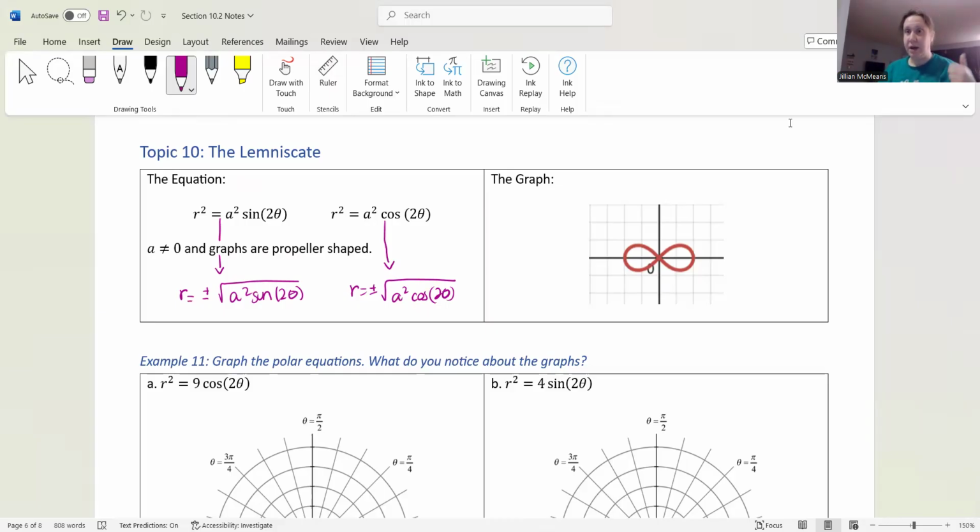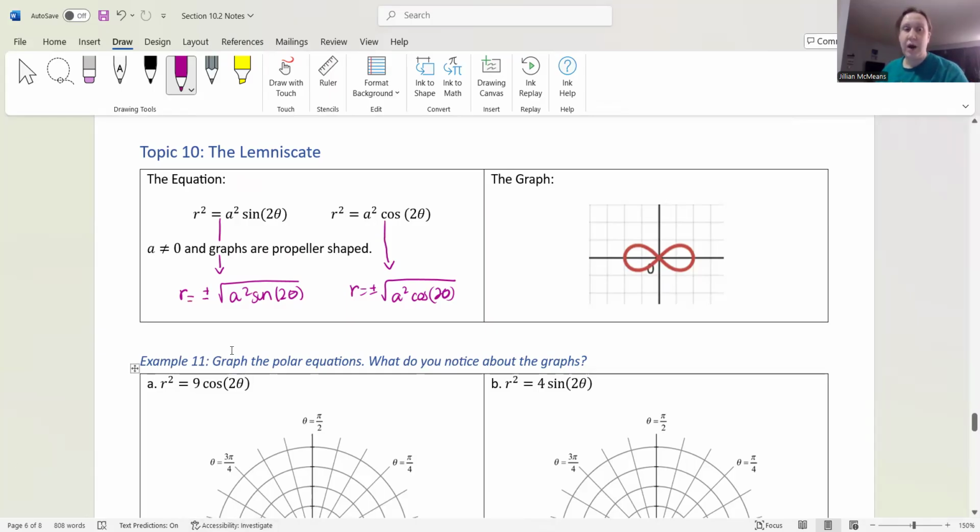We're going to have to type in R1 and R2. R1 is going to be the square root of a squared sine of 2 theta. R2 is going to be the negative square root of a squared times sine of 2 theta, or cosine depending. So don't be totally shocked by that. We're going to have to do a teeny tiny bit of work on these before we go to the calculator, but it's not going to be anything terrible.